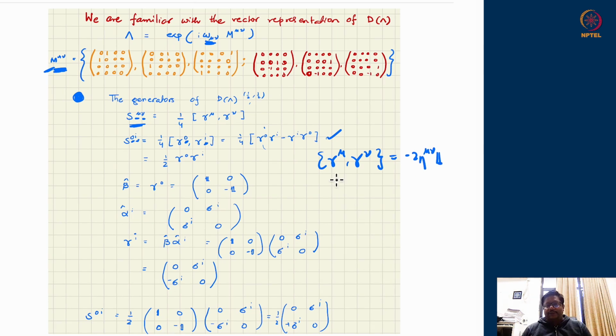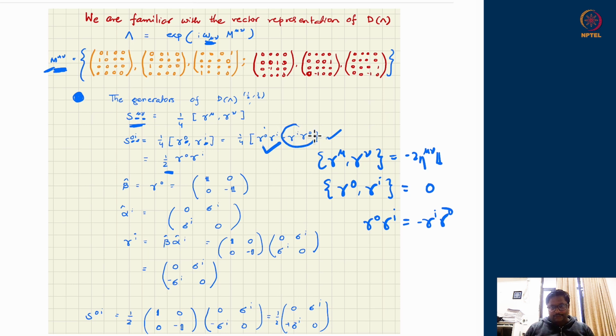If I take mu equal to 0 and nu equal to I, the right hand side has eta 0I, which is 0. Therefore gamma 0 gamma I is equal to minus gamma I gamma 0. Use this fact to write the commutator as 1/2 of one pair, gamma 0 gamma I. The second pair is the negative of the first pair, so they add up, and 1 by 4 becomes 1 by 2.